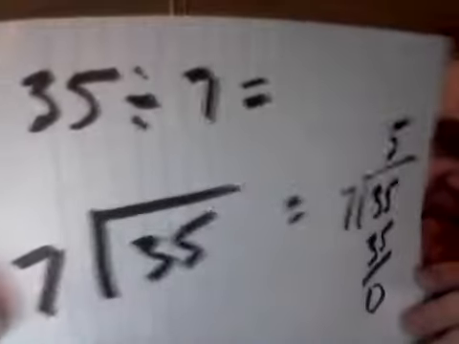All right? Okay, let's keep on going here. Give a couple more examples just to see if you can really get it down. It's a bigger number, but it's still a good number. 35 divided by 7.